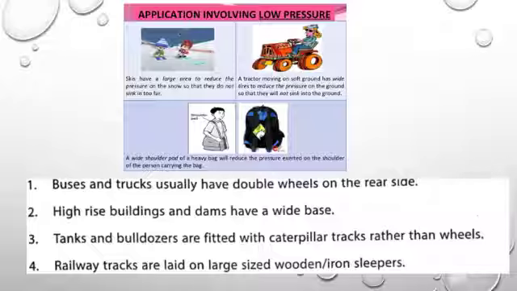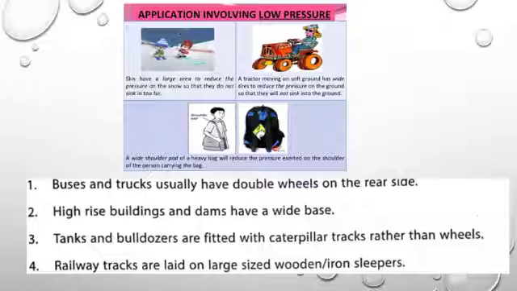Tanks and bulldozers are fitted with caterpillar tracks rather than wheels, because tanks and bulldozers have very heavy weight or mass. Otherwise it would increase the pressure on the wheels as compared to caterpillar tracks. Caterpillar tracks are wide, and they can easily bear the mass of tanks and bulldozers.